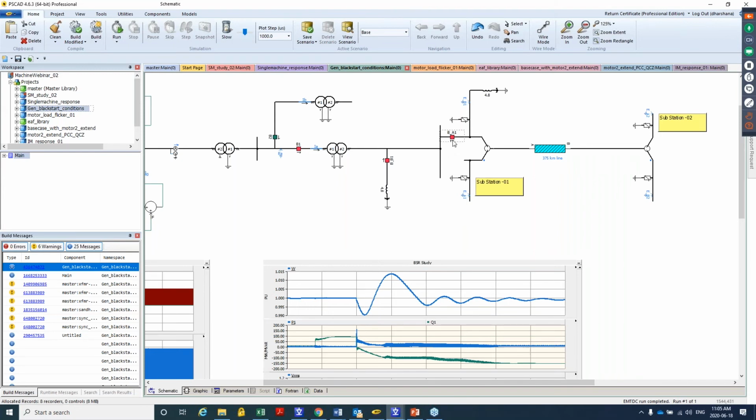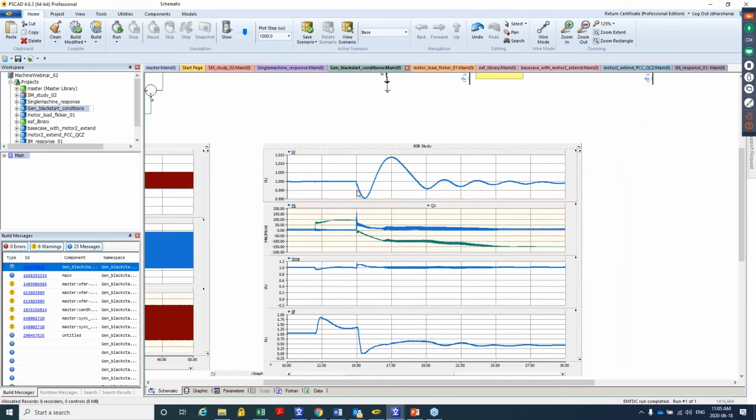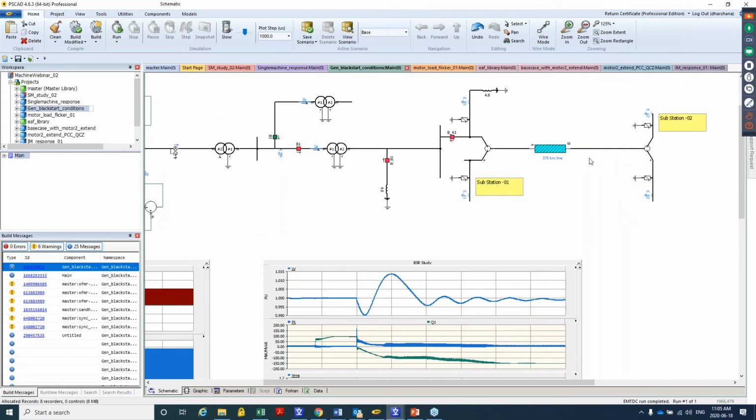So here, using breaker BA1, at this point in time, I'm energizing the line, no loads, just energizing the line, right? So you will have the switching transients, high frequency switching transients, that should be limited by the surge arresters. You have to look at all these things.